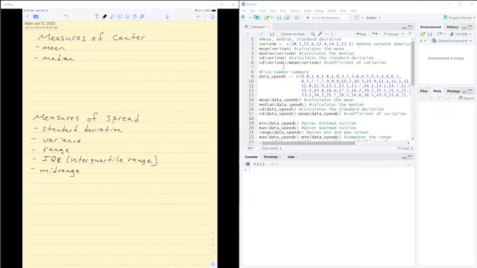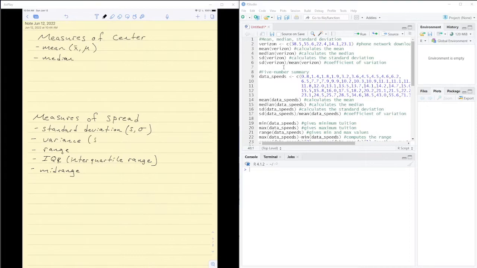And the way we would find all these, for example, the mean. The mean is usually denoted with an X bar or the lowercase Greek letter mu. Those are two ways you could label that. Standard deviation you'll see as an S or a lowercase Greek letter sigma.